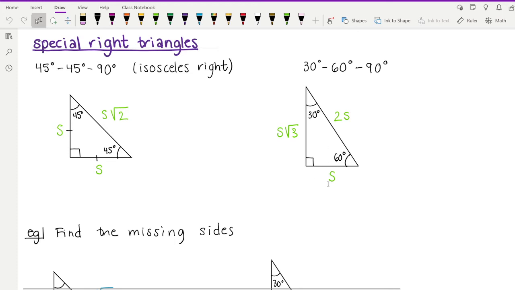If the shortest side has a length of s, the hypotenuse is going to have 2 times s, and then the other side will have s times the square root of 3. And then for a 45-45-90, the 2 legs are both going to have the same length, so we can call those both s, and then the hypotenuse will be s times the square root of 3.